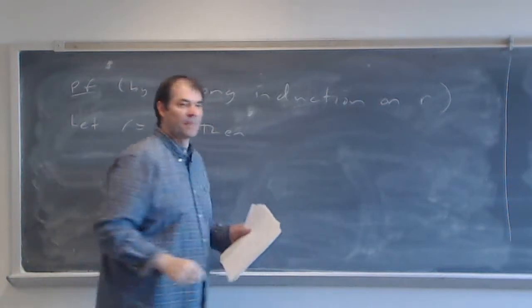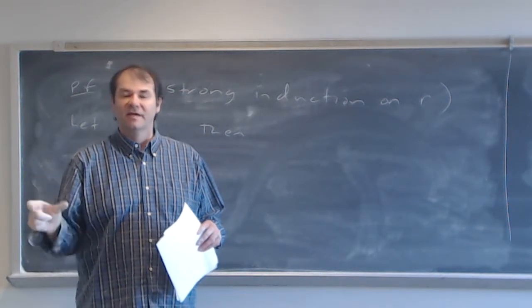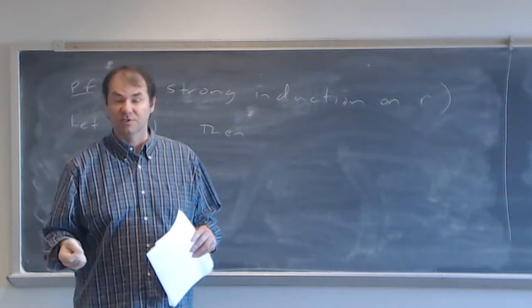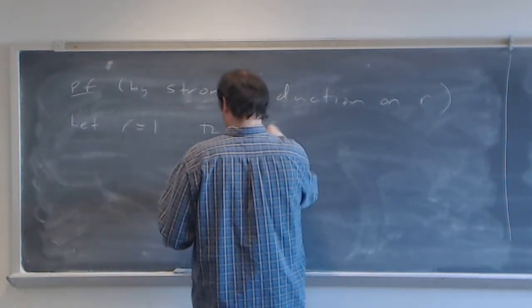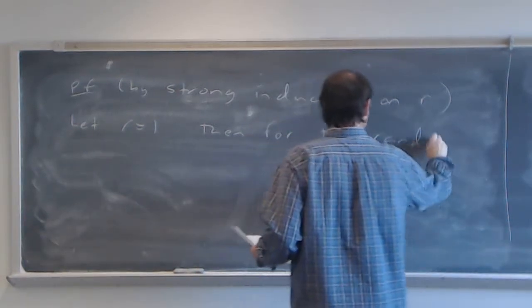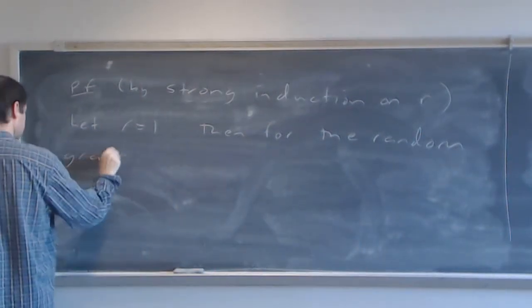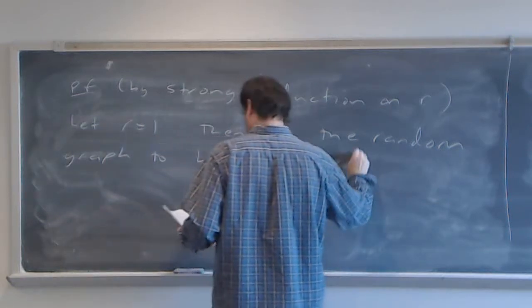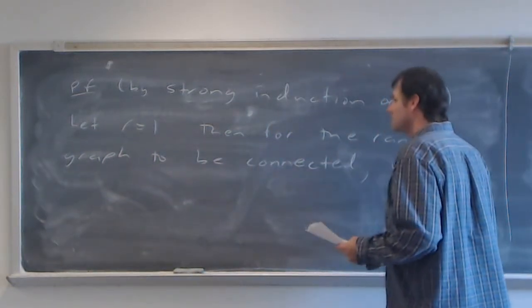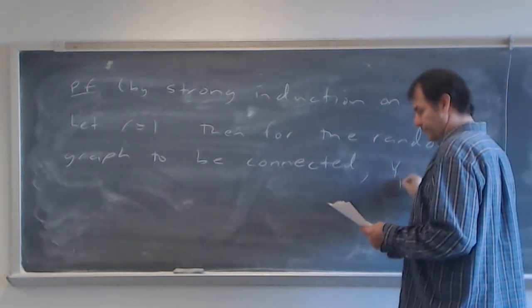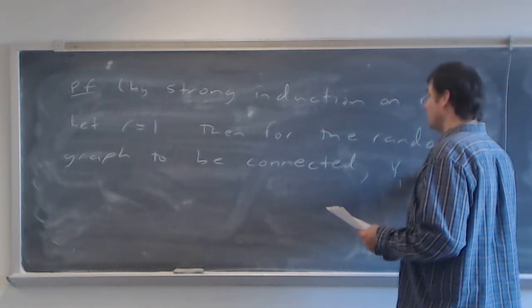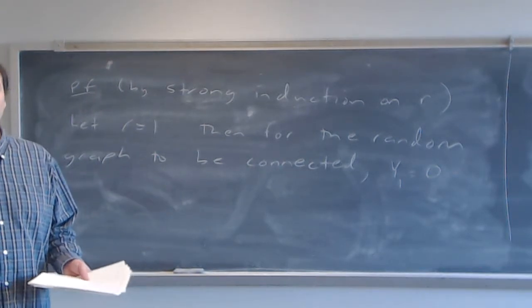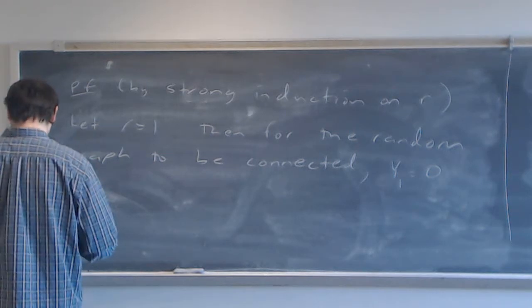So here, let R equal to 1. Okay, so what's our scenario? Our scenario here is that we have K nodes in the supernode, and we have only one regular node sitting out there. And so the question is, what's the chance that it's connected? Okay, so then for the random graph to be connected, y sub 1, okay, must be equal to 0, because the only way that the random graph is connected is if that one regular node is sent to the supernode, supernode 0.